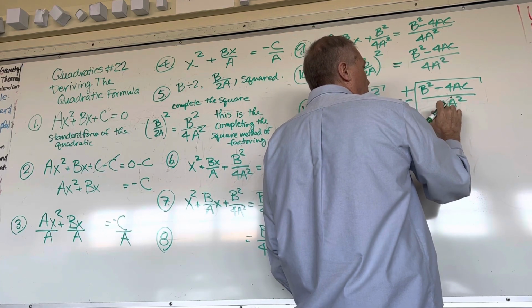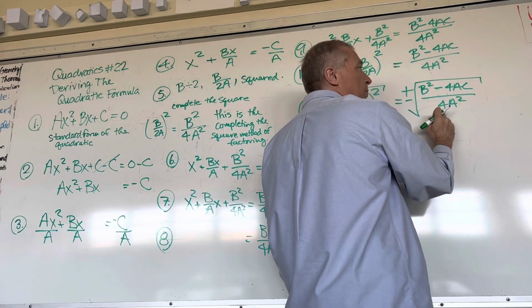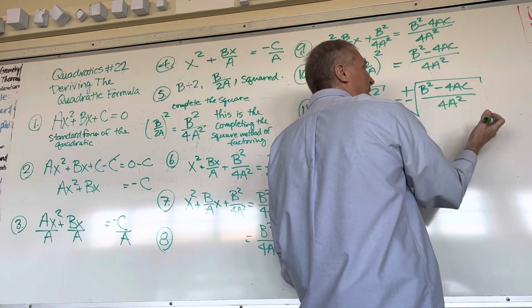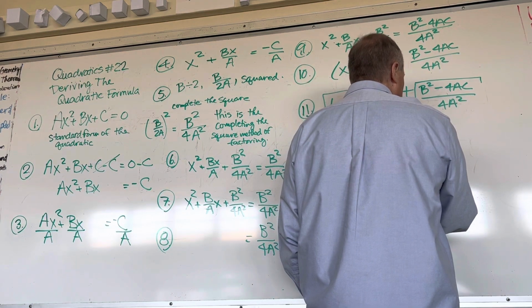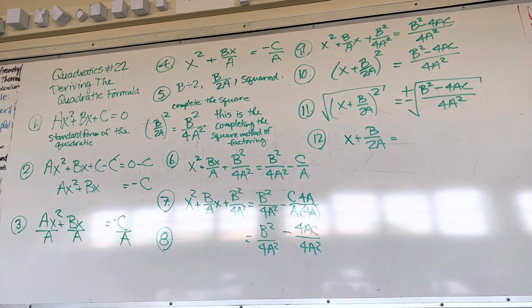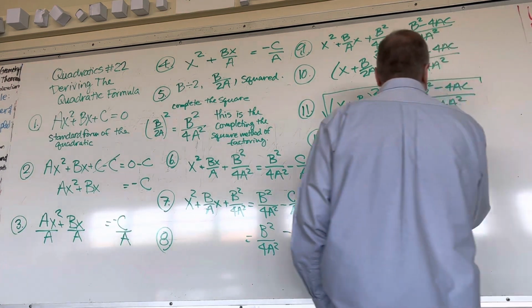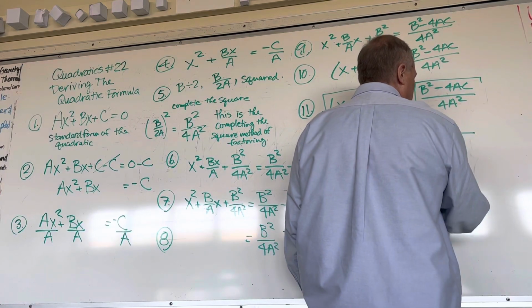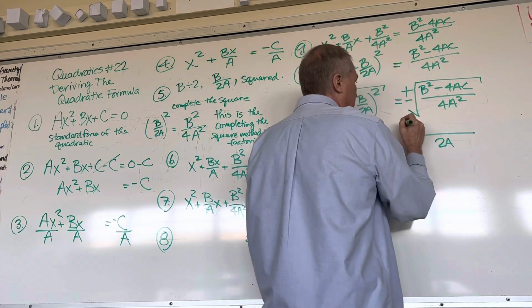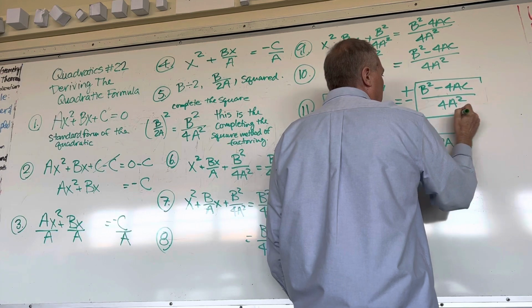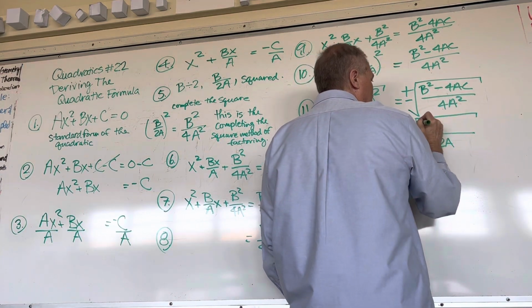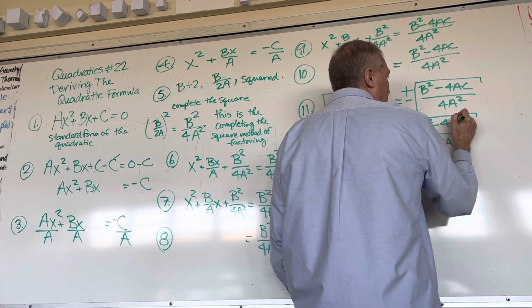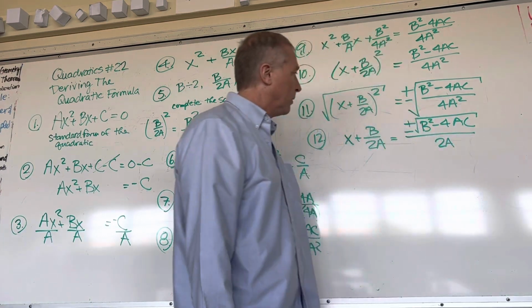The square root of 4a squared: the square root of 4 is 2, and the square root of a squared is a. So it becomes 2a in the denominator position down here. Let me draw it the way I drew it. Here, this becomes 2a on the bottom, and this becomes plus minus up top, but the square root remains over the b squared minus 4ac. All right, there we go.